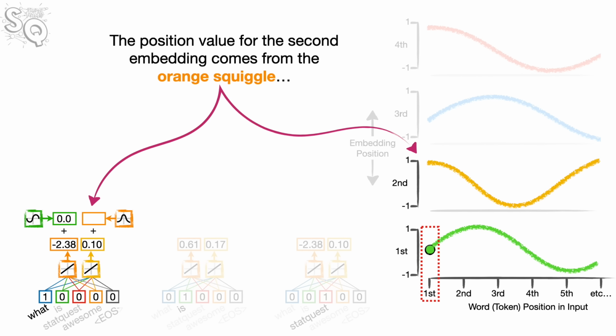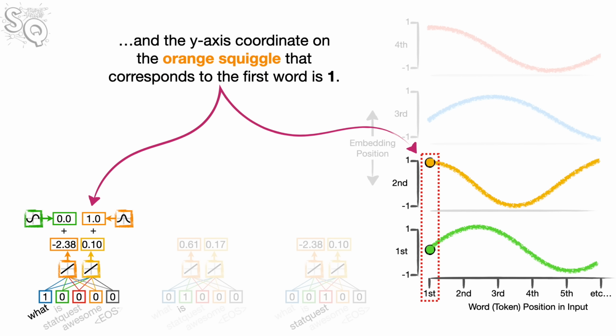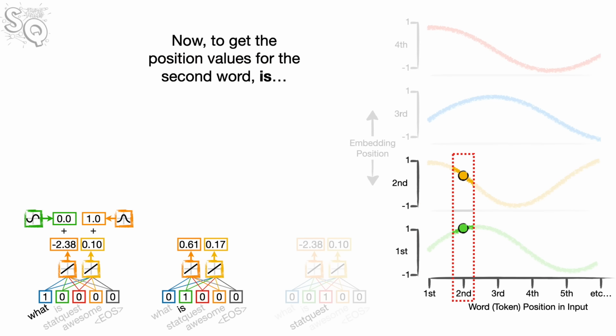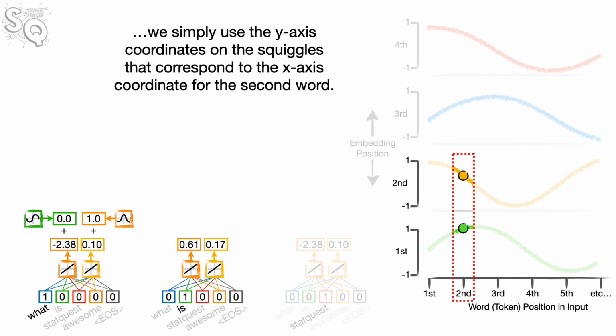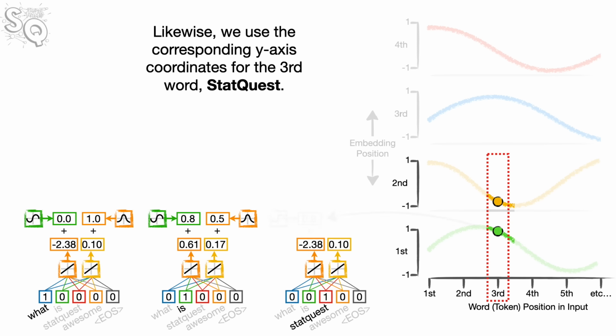The position value for the second embedding comes from the orange squiggle. And the y-axis coordinate on the orange squiggle that corresponds to the first word is 1. Now, to get the position values for the second word is, we simply use the y-axis coordinates on the squiggles that correspond to the x-axis coordinate for the second word. Likewise, we use the corresponding y-axis coordinates for the third word, StatQuest.